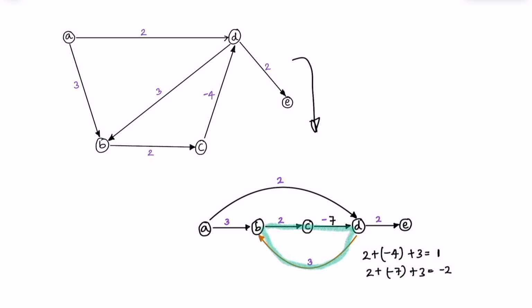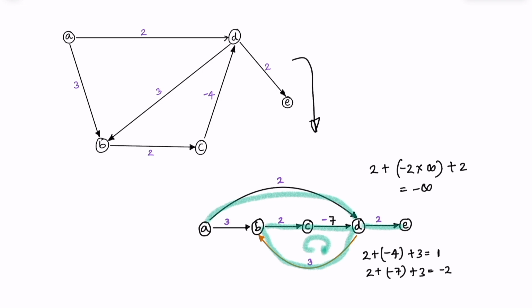That means the shortest path from source node A to node E would be, first we go from A to D, and then repeat this cycle infinite times, and then take the last step D to E. So the shortest path from A to E would be 2 plus, we repeat the cycle infinite times, so the cost would be minus 2 multiplied by infinity, plus the cost of the edge D to E. So the total cost would be minus infinity.